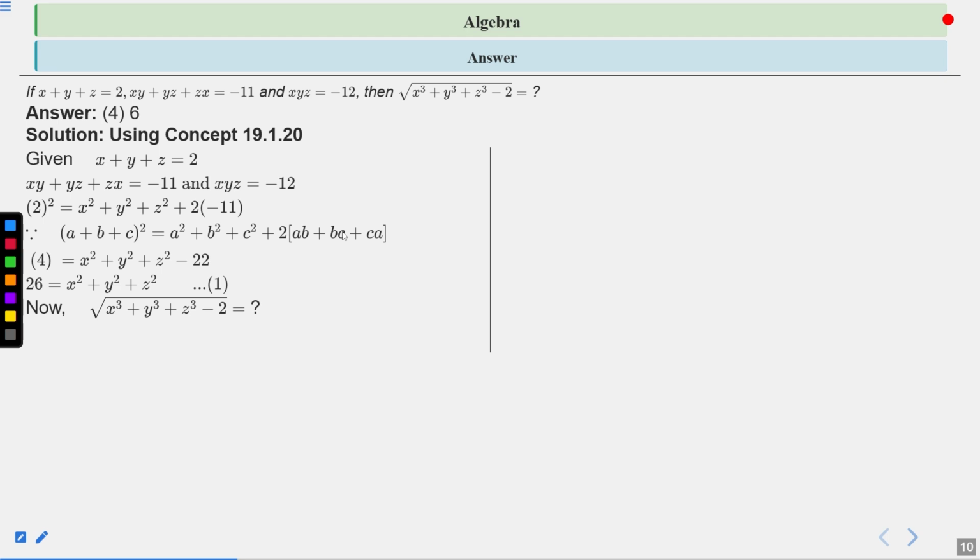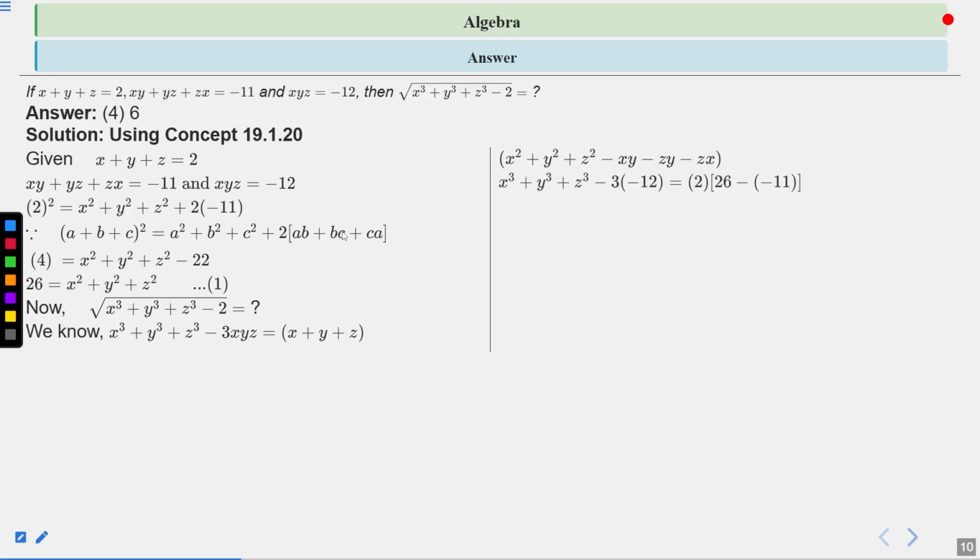Now the question asks for the value of square root of x cube plus y cube plus z cube minus 2. We know that x cube plus y cube plus z cube minus 3xyz equals (x plus y plus z) into (x square plus y square plus z square minus xy minus yz minus zx).